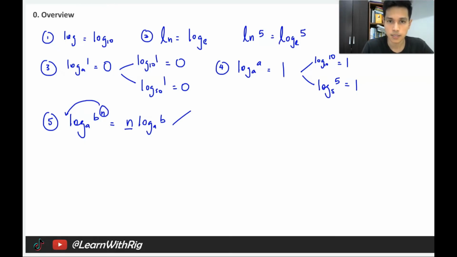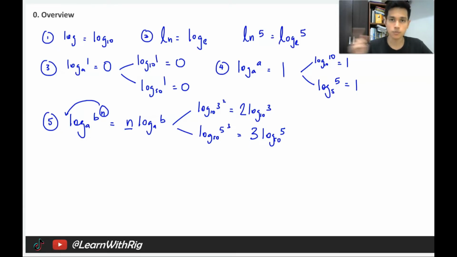For example, let's say you have log 3 square base 10, so the square can go to the front, so 2 log 3 base 10. Or for example log 5 cube base 50, the cube you can bring to the front, so 3 log 5 base 50. This is one of the properties: you can shift the power to the front.